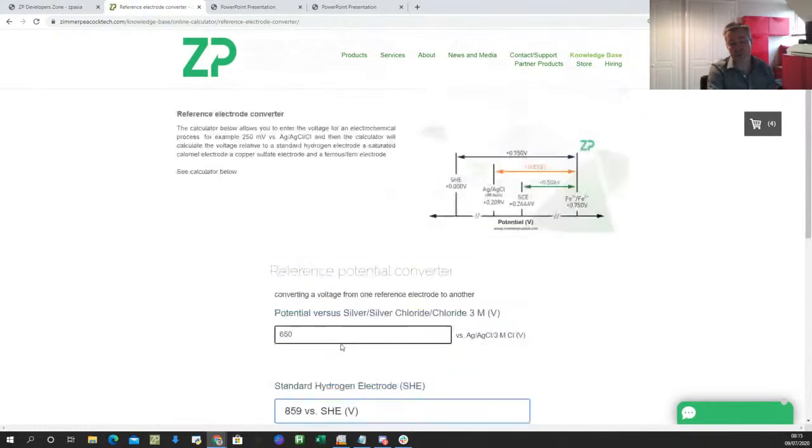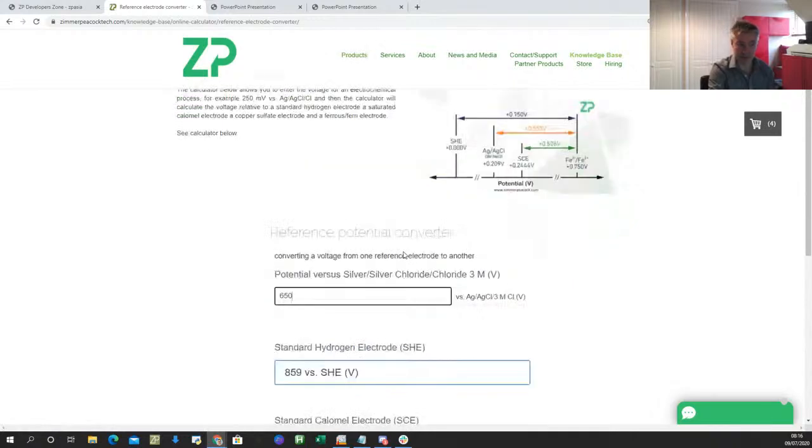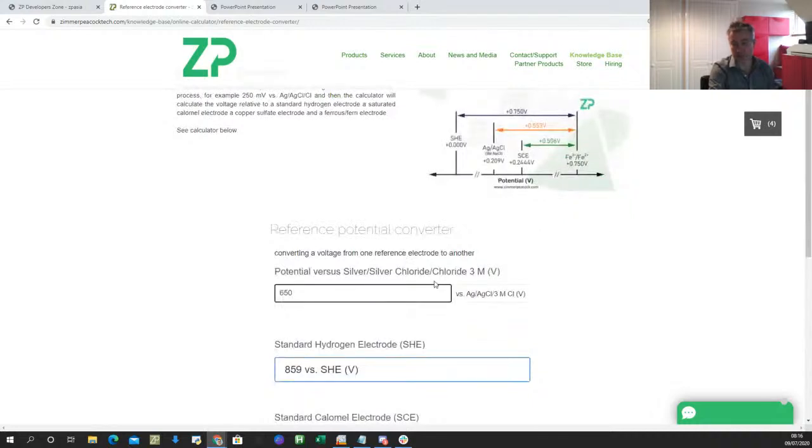So what I'm showing you here is, it's okay, most of the time, our Zimmer and Peacock sensors and screen printed electrodes have silver chloride reference electrodes. So you can just talk about 500 millivolts versus reference and 250 millivolts versus reference. We're all just assuming that it's silver chloride.